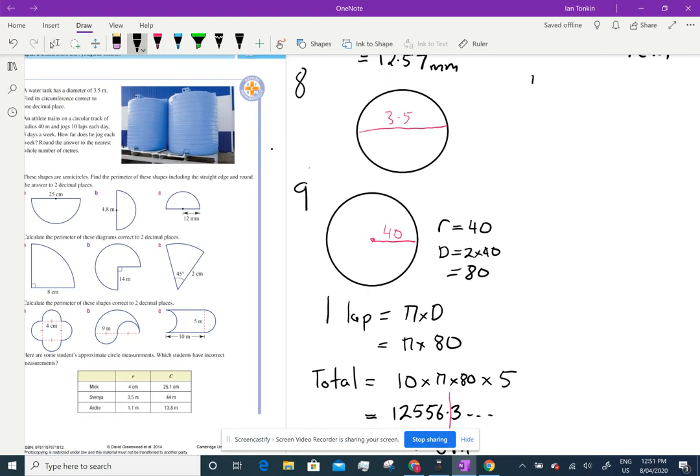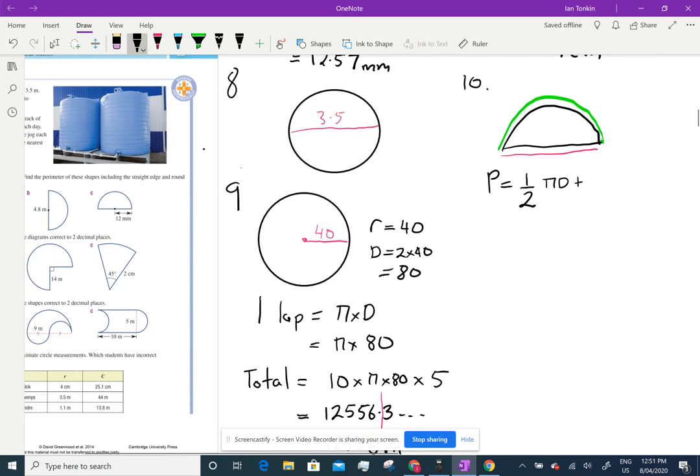So here's question 10. It's a semicircle. So my perimeter is this bit, the curved bit, plus this bit. So the perimeter equals half the circle, sorry. So half pi times d plus that straight bit, so plus the diameter.